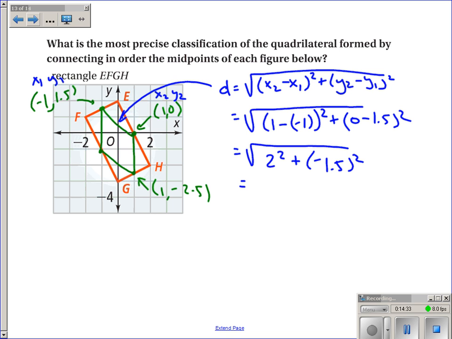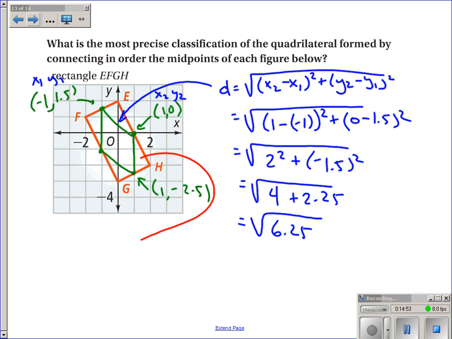Be very careful with negatives. 2 squared is 4. -1.5 times -1.5 is a positive 2.25. And I get the square root of 6.25. Now to find this length, since it's perfectly vertical, I don't need to worry about a change in x because they're both 1. So I'll just take the difference between the y coordinates and I get 2.5.